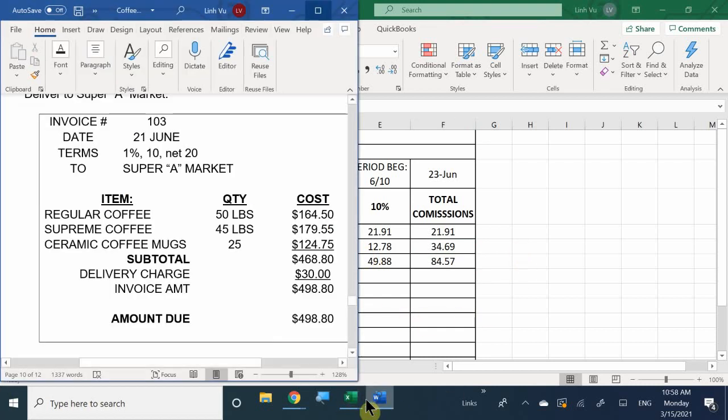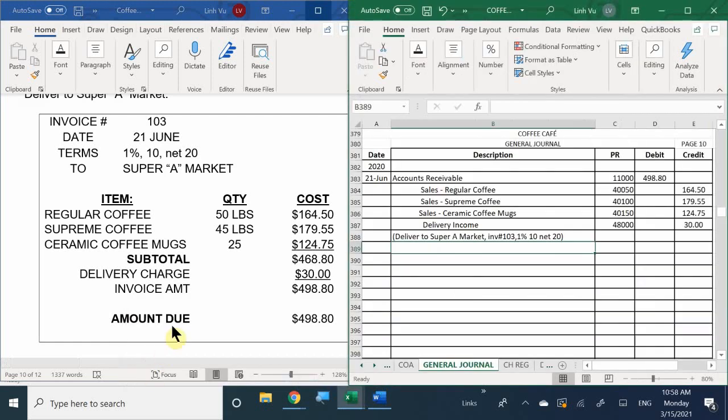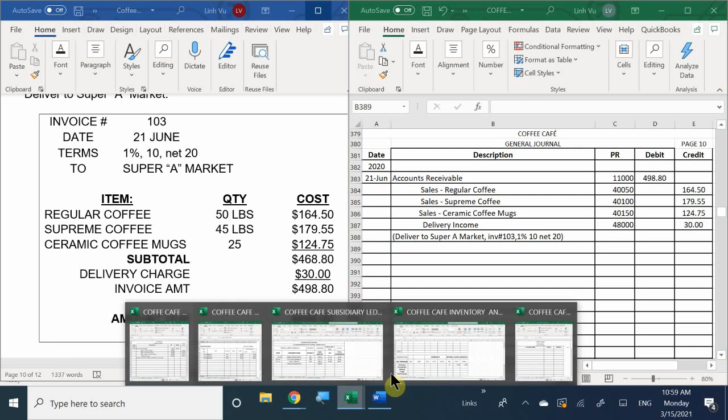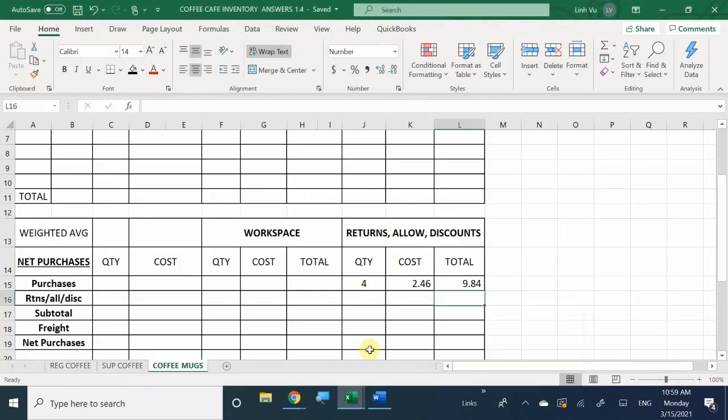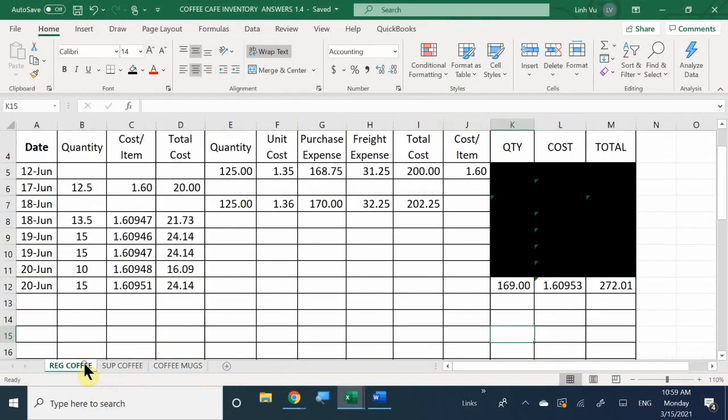What's next? Inventory worksheet. Yes, we sold, so with perpetual inventory we need to update our inventory. In this case, we sold a whole bunch of coffee. My first batch of regular coffee, how many pounds did I sell to this customer?